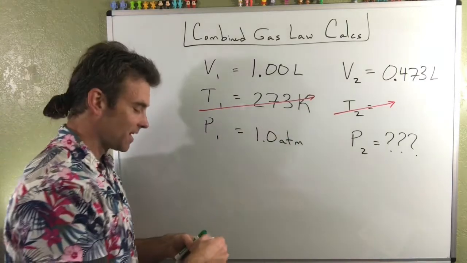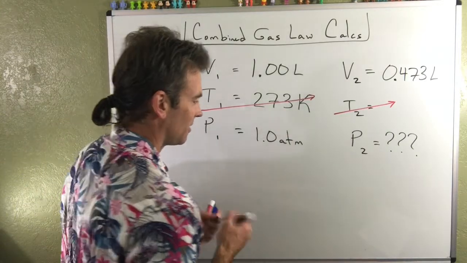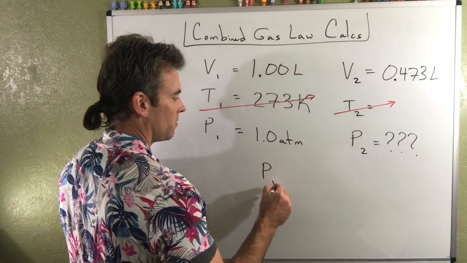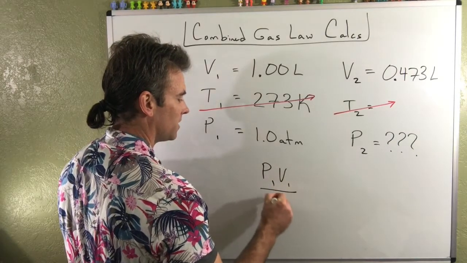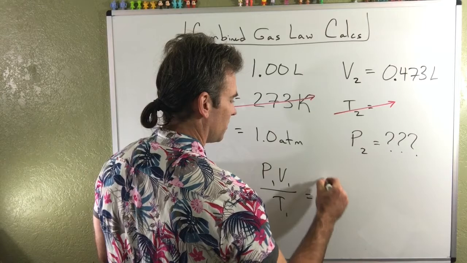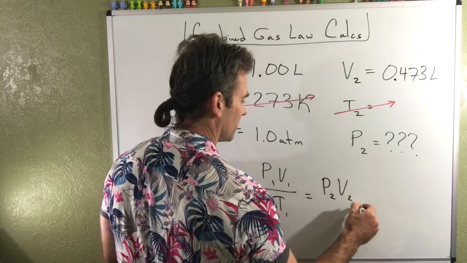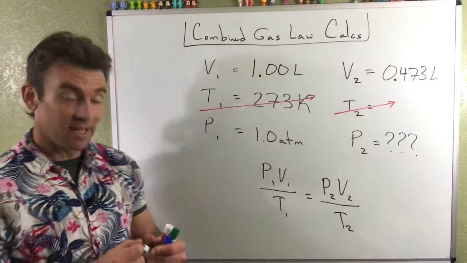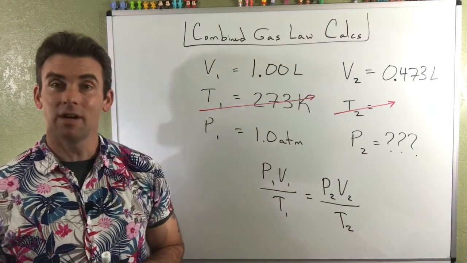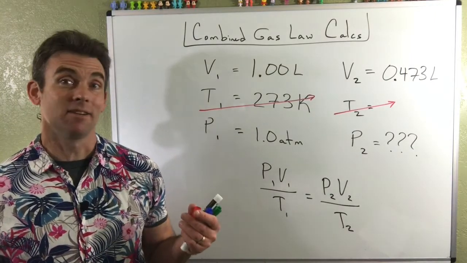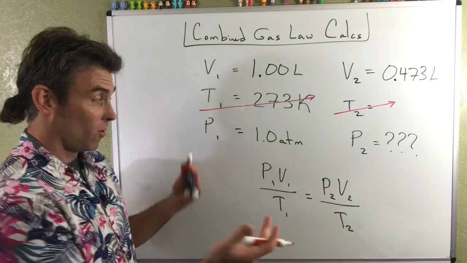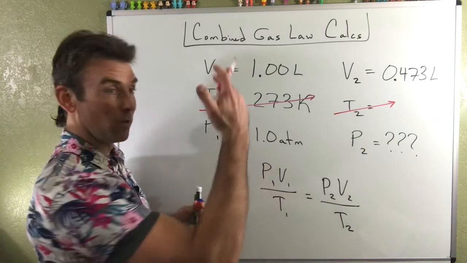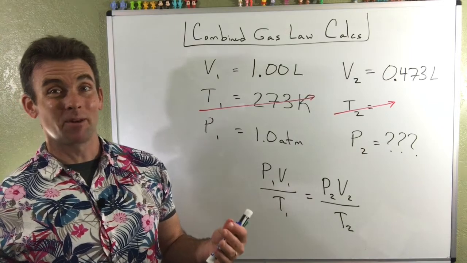So now let's take a look at that combined gas law. We've got P1 V1 over T1 equals P2 V2 over T2. But the good news is I crossed out those two temperatures because it's held constant, right? I could, of course, plug 273 in for both of these, but that just makes the math a bit more complicated.